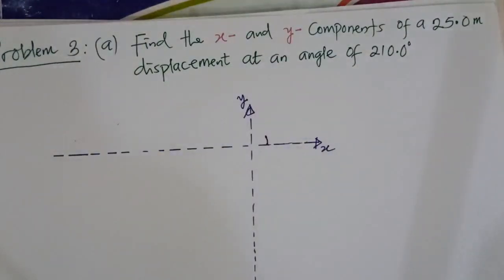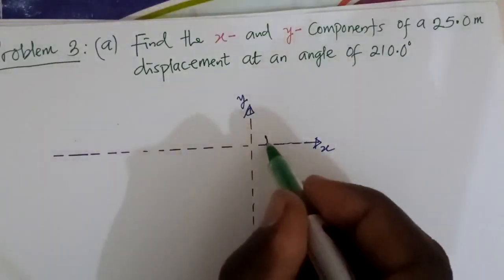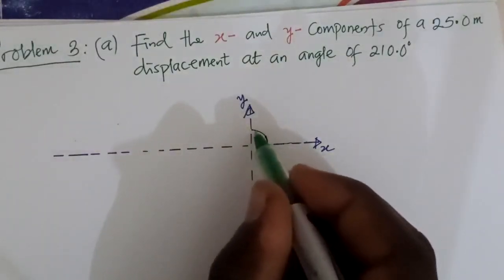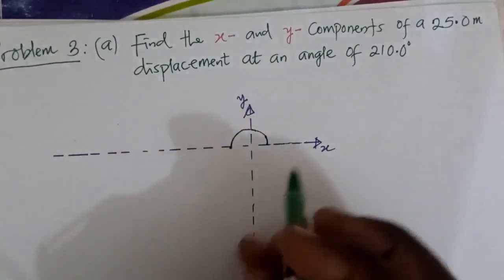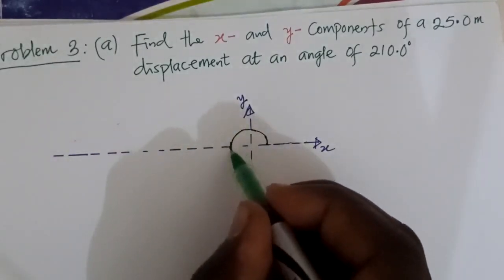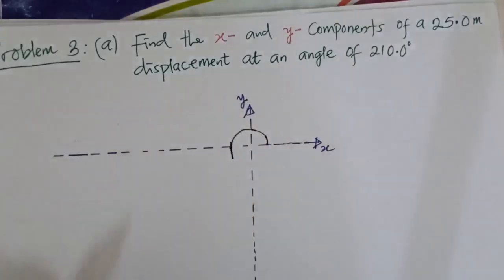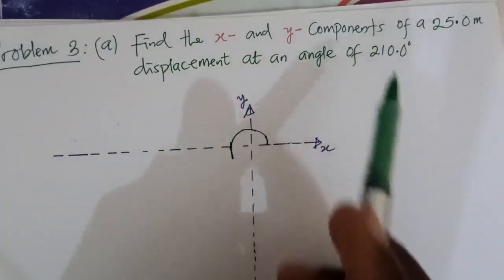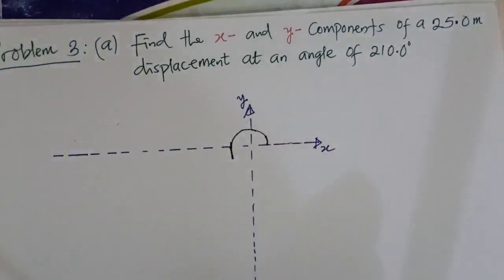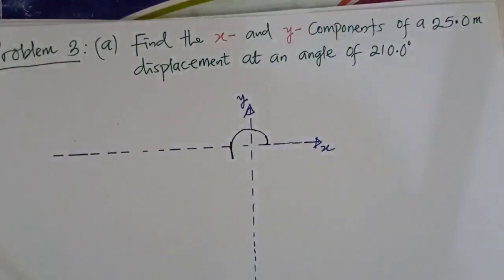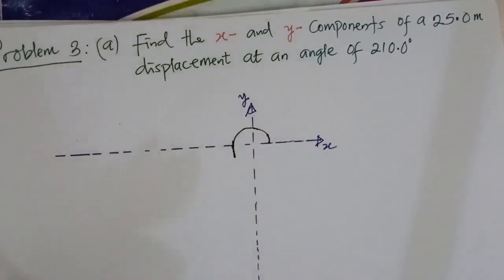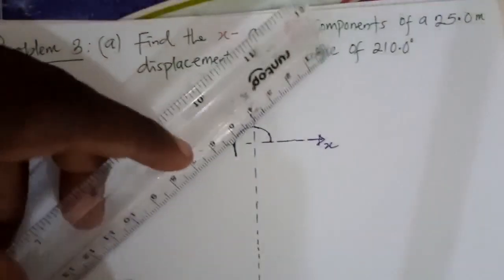From here to here is 90, then down to here 180. Then I have to enter here so that I can get 210. But I cannot get to here because this completely is 270, and my angle is now 270.